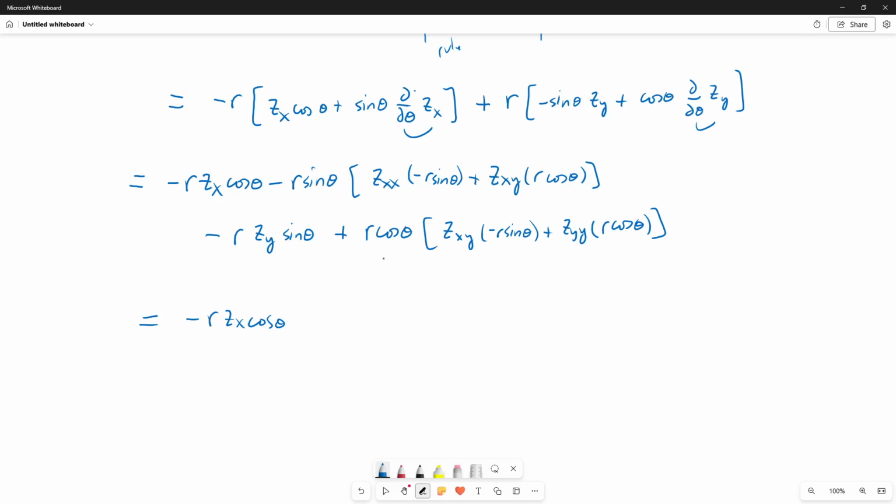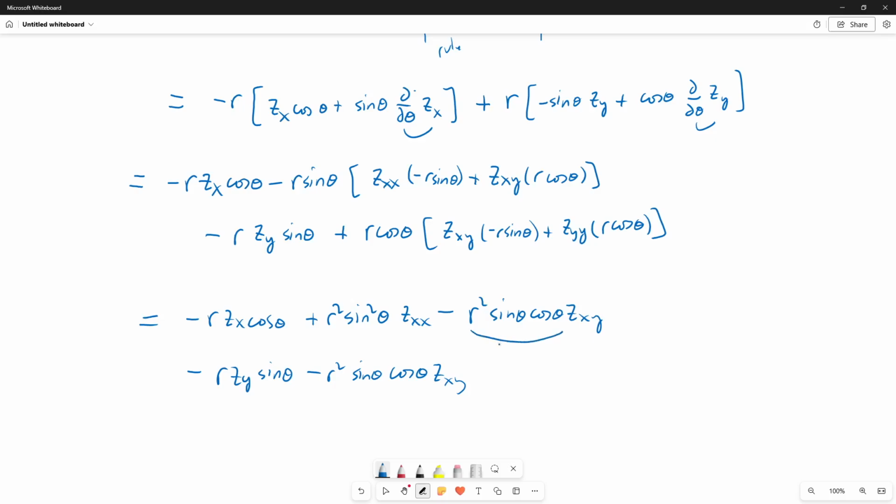So we have a plus r squared sine squared theta z sub xx, and then here we have minus r squared sine theta cosine theta z sub xy, and then we have minus r z sub y sine theta, and now we distribute again, so that's going to be a minus r squared, and then we have sine theta cosine theta z sub xy.